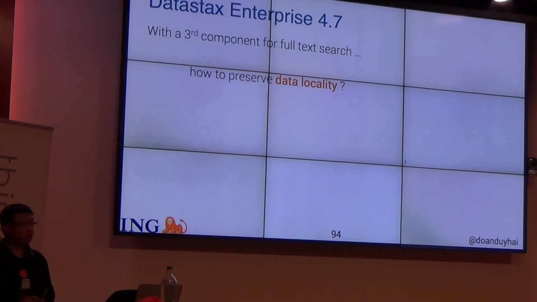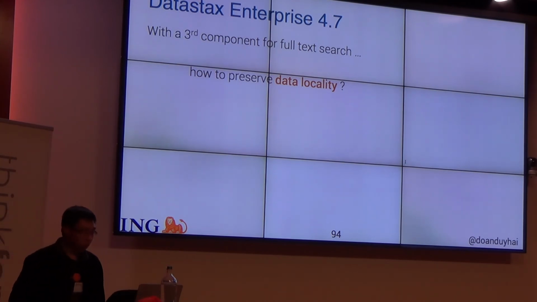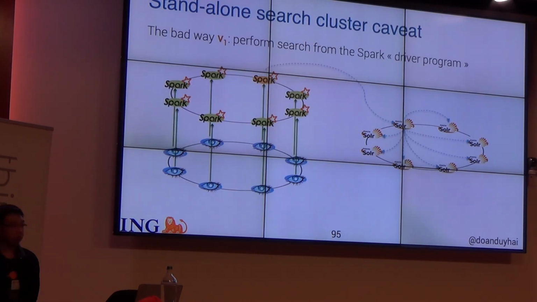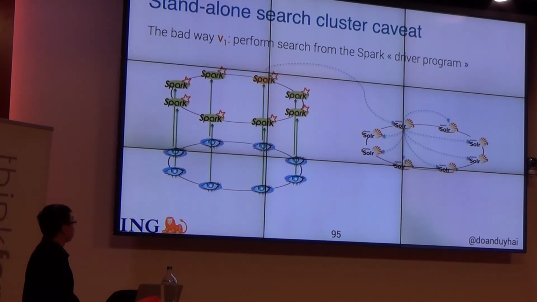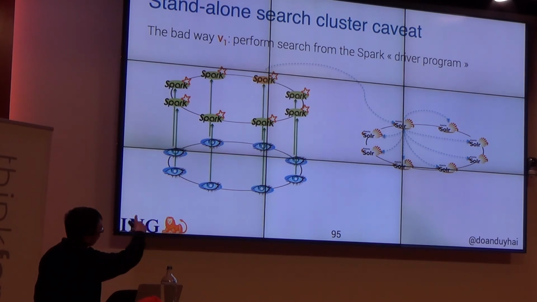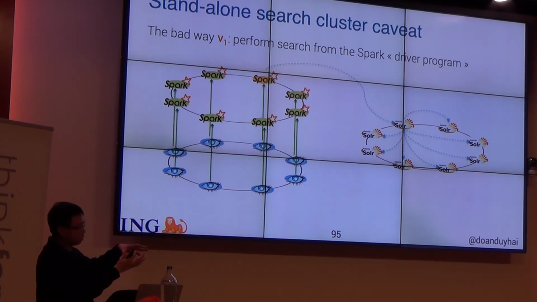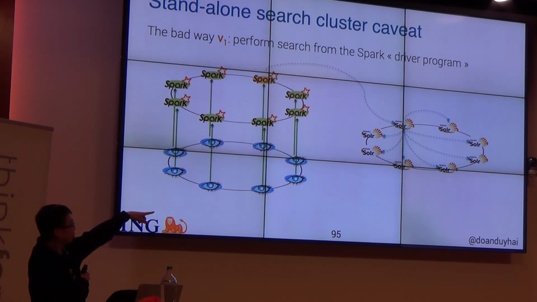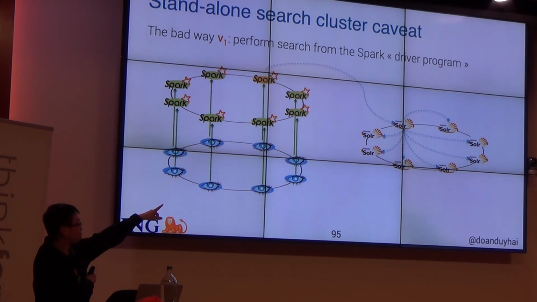How to preserve data locality? Because we add another component into the box, right? Well, there are 3 ways of doing it. First solution, from the driver program, imagine I have a separate cluster of Solr. I will first perform a full text search, asking this whole cluster.